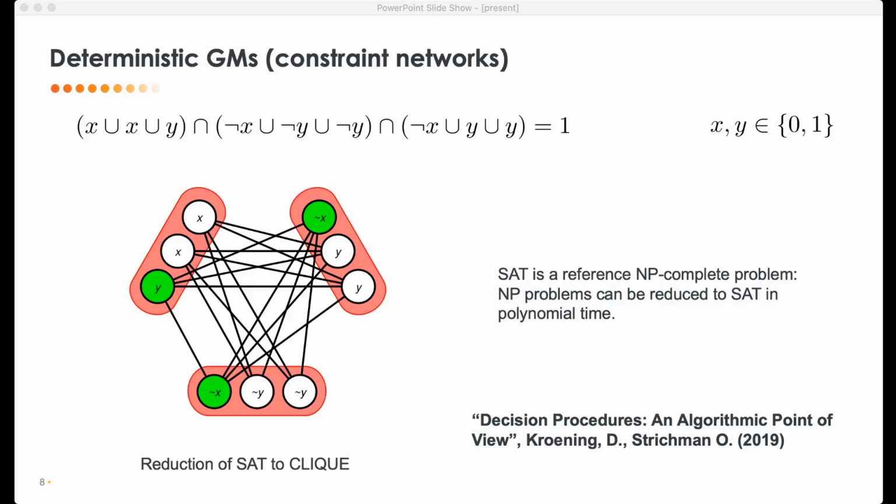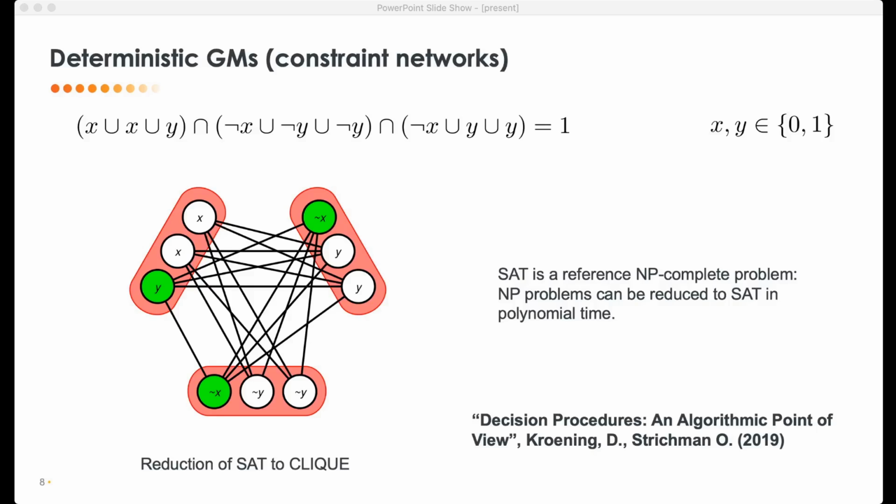So for SAT, the number of comparisons or runtime will be exponential in the number of variables and the number of clauses. Many problems in graph theory are proven to be NP-complete by transforming them into an instance of SAT or some other NP problem.